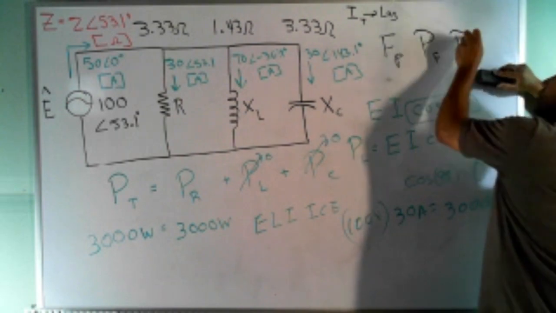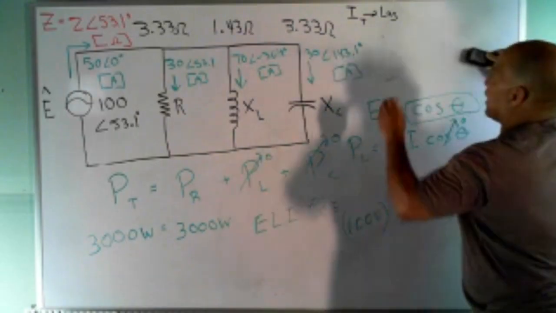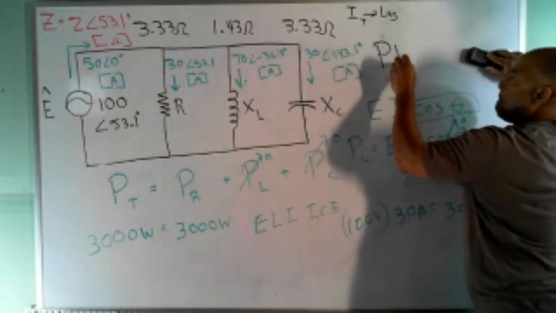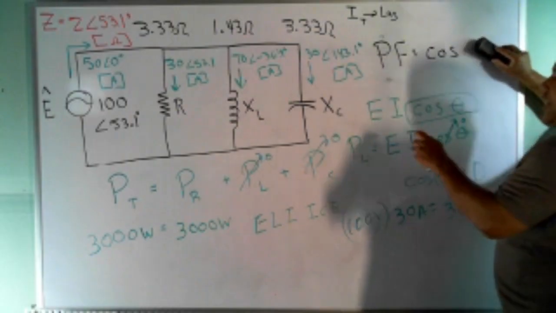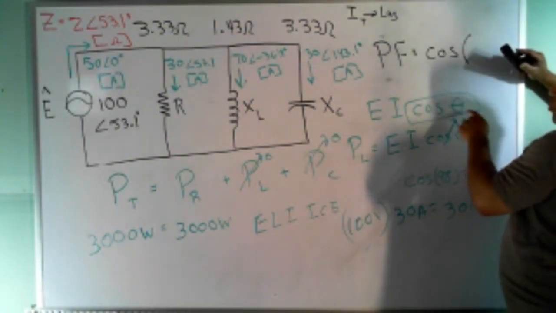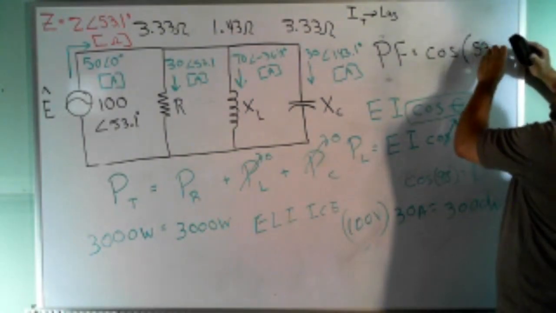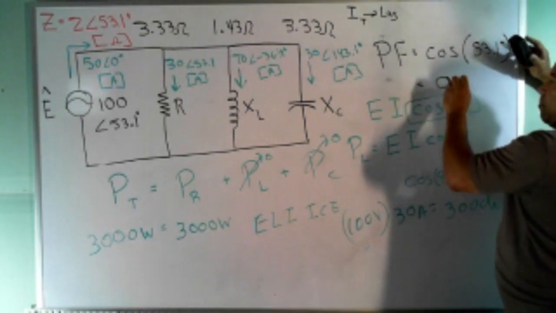And I just do that for power factor. So for power factor, it's just the cosine between the total current and total voltage. And so we know the angle between them was 53 degrees. And when you do the math, you get 0.6.